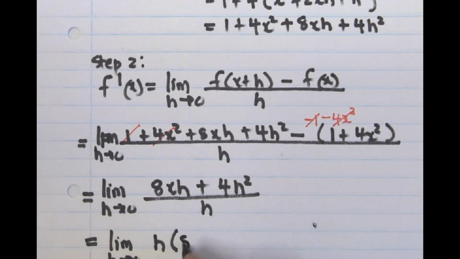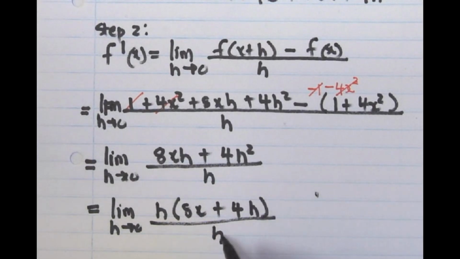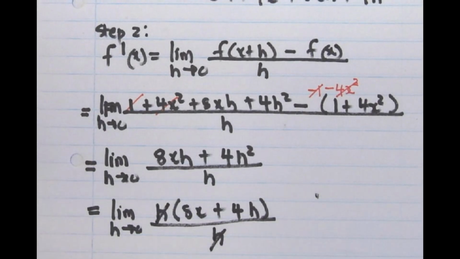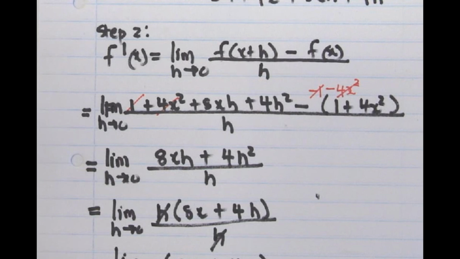I'm going to get 8x plus 4h, everything divided by h. Then I can see that this part is going to cancel that part, equal to limit as h approaches naught of 8x plus 4h. And then my final answer is now going to be 8x.